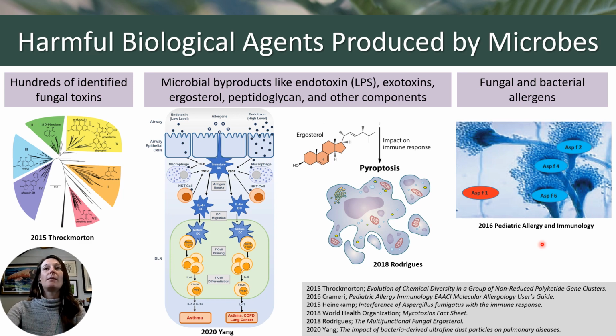You can also develop allergies to fungal allergens. So this is a microscopic view of Aspergillus here. This is one of the microorganisms that I study. And Aspergillus has all these different types of allergens that it produces. And these allergens are recognized by your immune system and elicit a pretty immediate response.